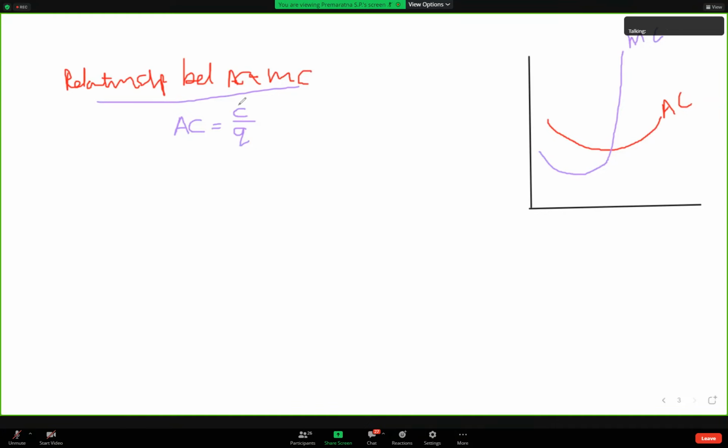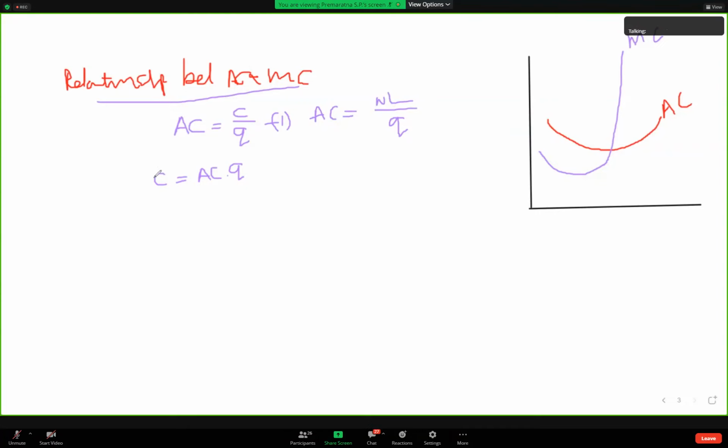So if you take this short run situation, you can see the average cost equals WL divided by Q. Now if you take the first equation here, I can rewrite it like this also: C equals AC times Q.